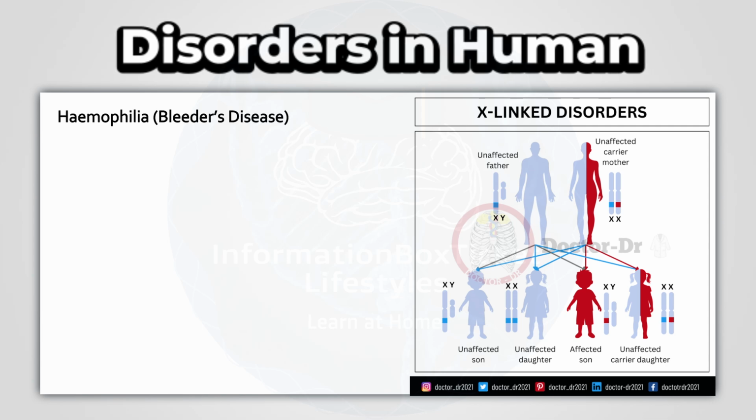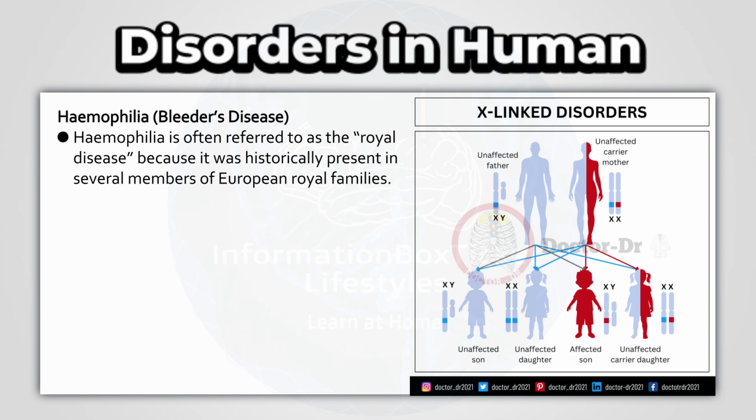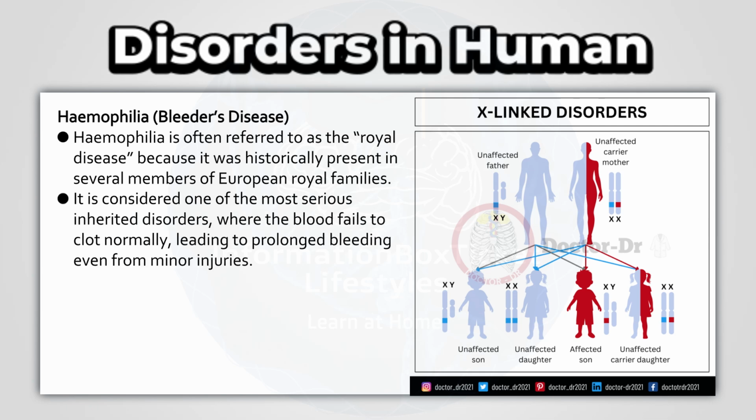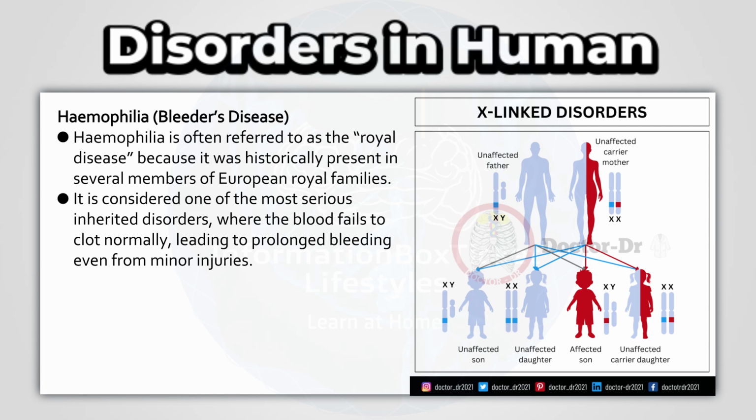Hemophilia, bleeder's disease. Hemophilia is often referred to as the royal disease because it was historically present in several members of European royal families. It is considered one of the most serious inherited disorders, where the blood fails to clot normally, leading to prolonged bleeding, even from minor injuries.